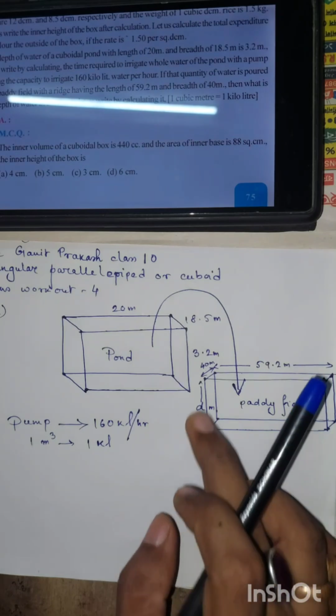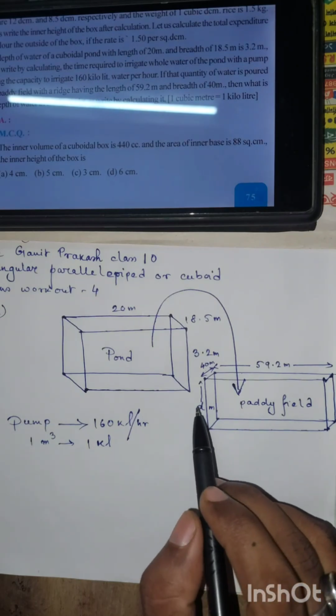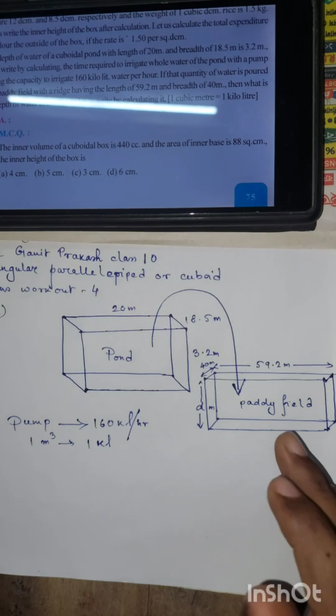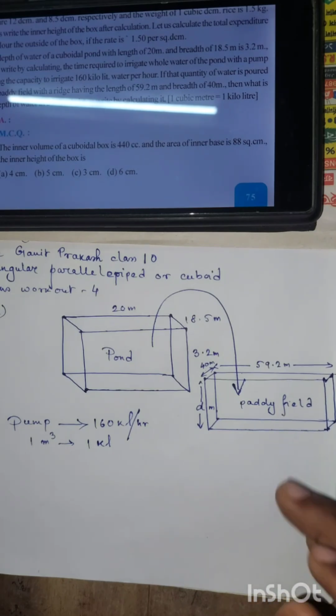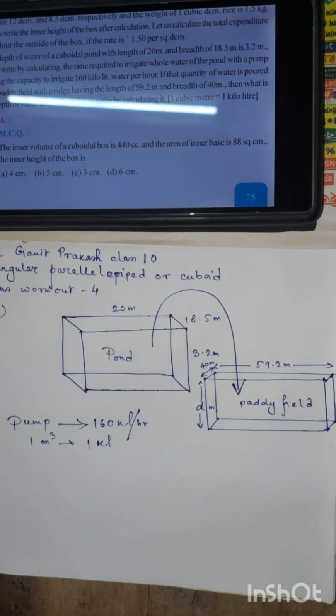Okay, this is what we need to find out. Let us assume the height of water in the paddy field be d meter.